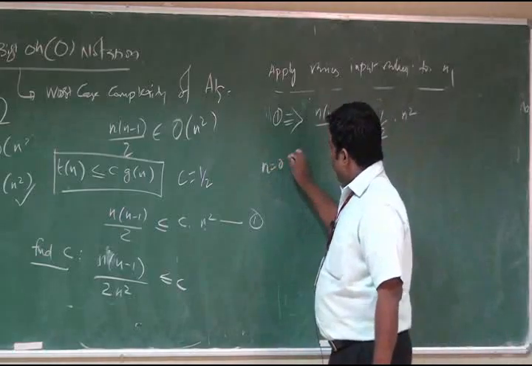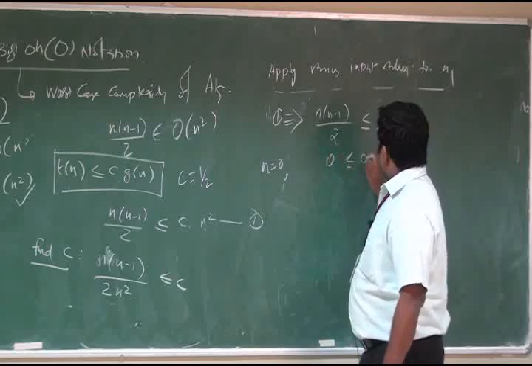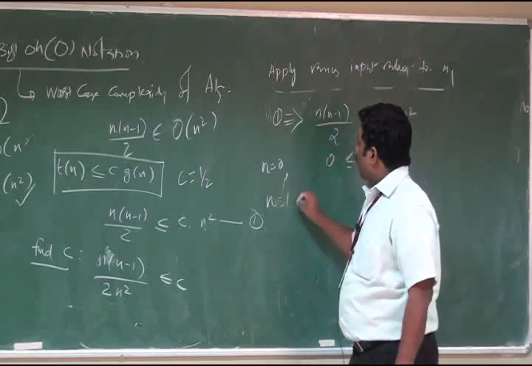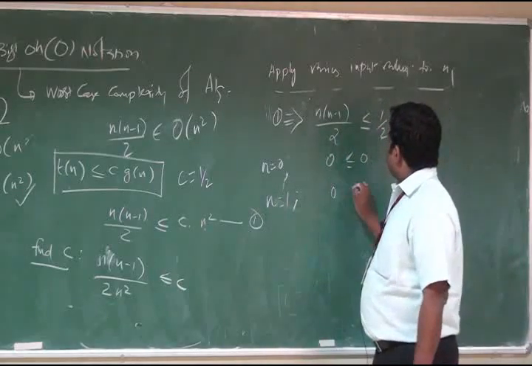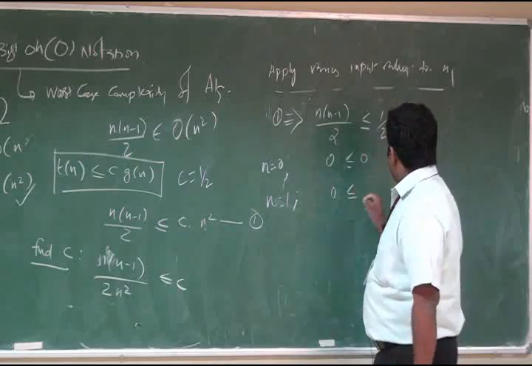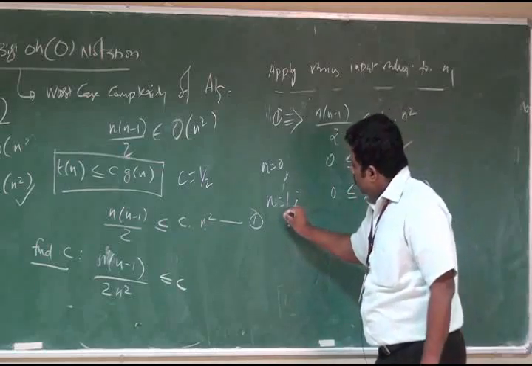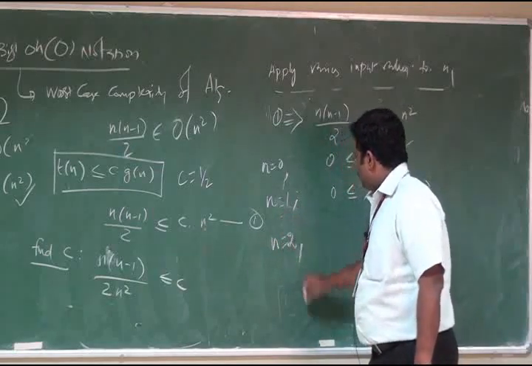Apply n equivalent to 0 here. You get 0 less than or equivalent to 0. It is equal. Now apply n equivalent to 1. You get again 0 less than or equivalent to 1 by 2. It is true. You are supposed to proceed up to 5 possible input instances.